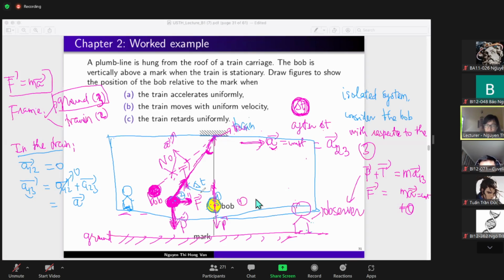It's left because in this case, you need the net external force having the same direction as the acceleration. Okay? In case you go to the left, you have F pointing in the same direction as acceleration. Otherwise, for example, to the right, then the net force is opposite, and is not correct anymore. This being correct means the net external resistance force has the same direction as A. That is why it needs to go to the left. Do you agree with this explanation?